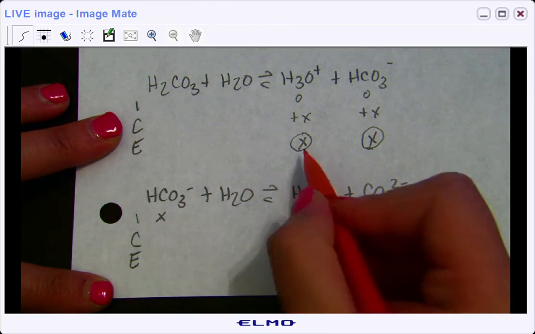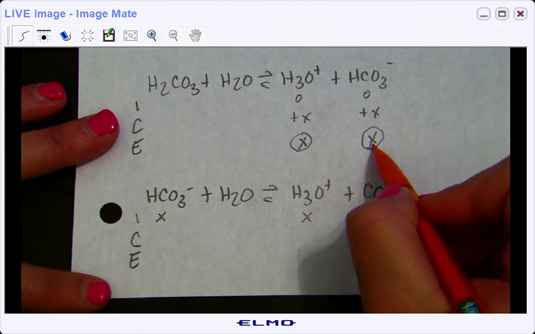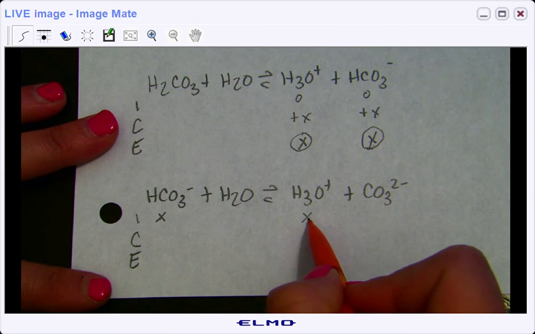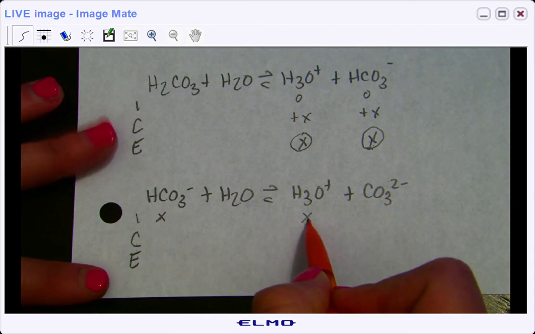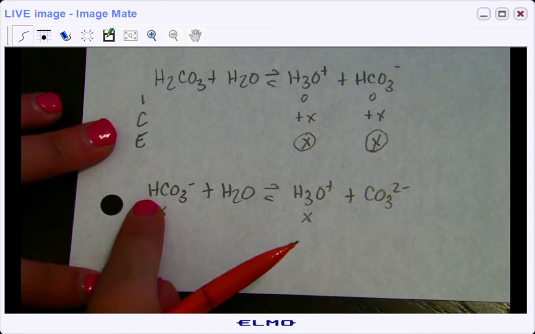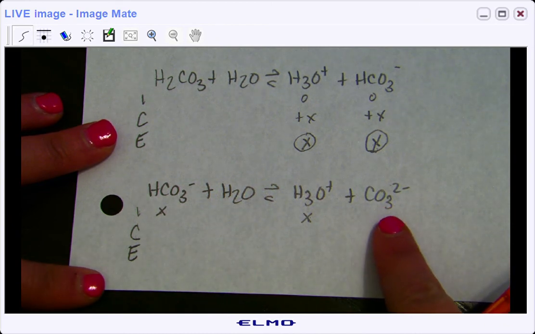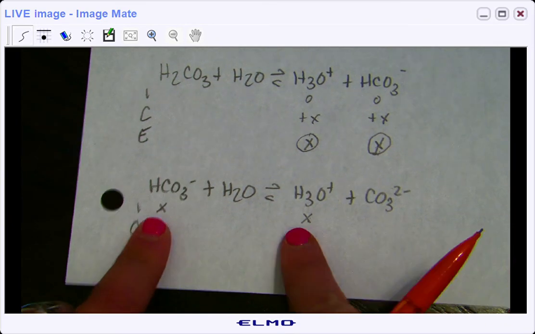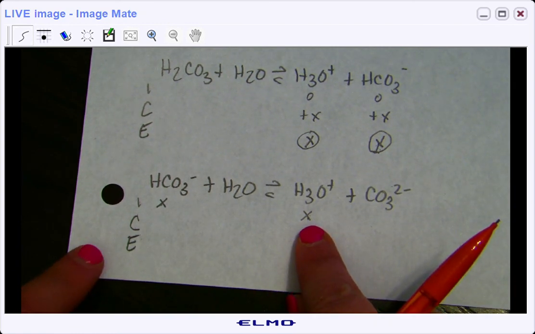They are the same because the equilibrium becomes the new initial, so the concentrations of each of these are the same. They are equal. And because this is such a weak acid and we produce so very little carbonate, the change to this H3O plus is negligible.